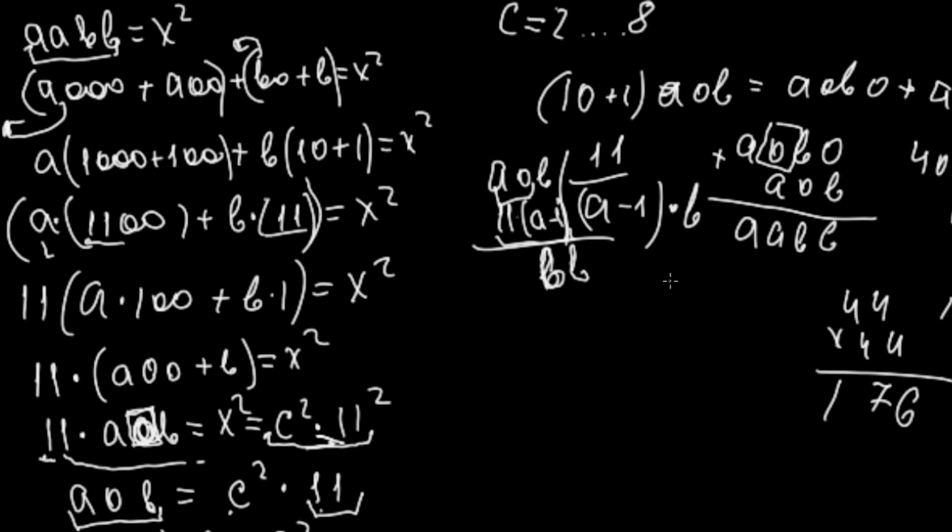What actually happens? When you multiply 4 times 4, it's 16, and next it's like 16. So what you actually do in the middle, you add 1 plus 6, it's 7.